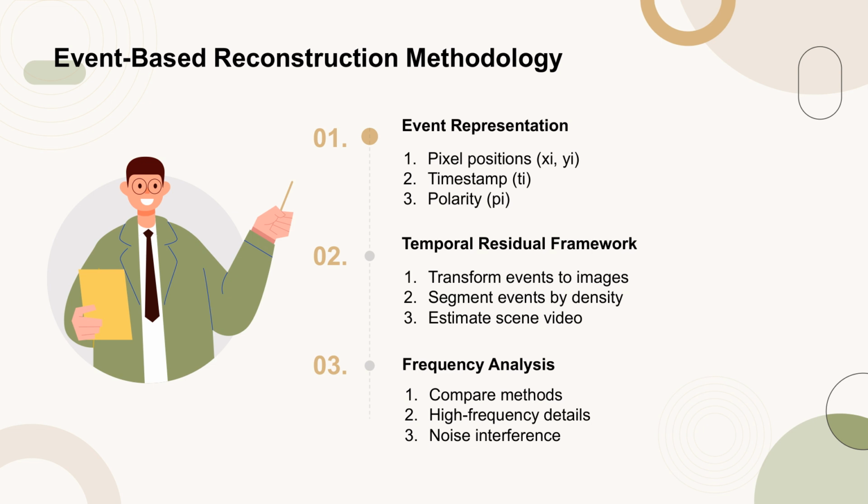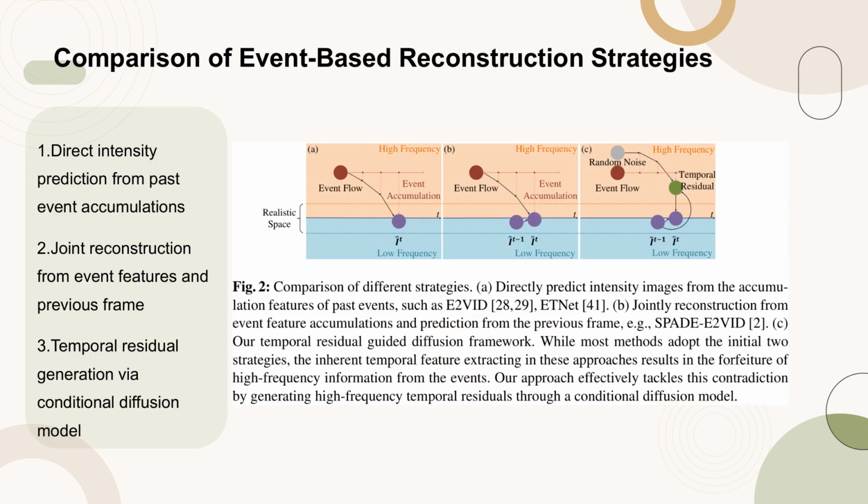Figure 2 compares different strategies for event-based reconstruction. Strategy A directly predicts intensity images from the accumulation features of past events, exemplified by methods like E2VID and ETNet. Strategy B involves joint reconstruction from event feature accumulations and predictions from the previous frame, as seen in SPADE E2VID.